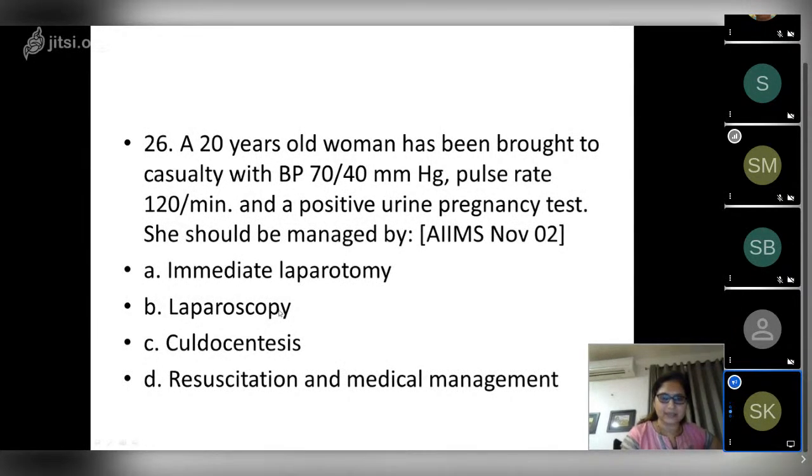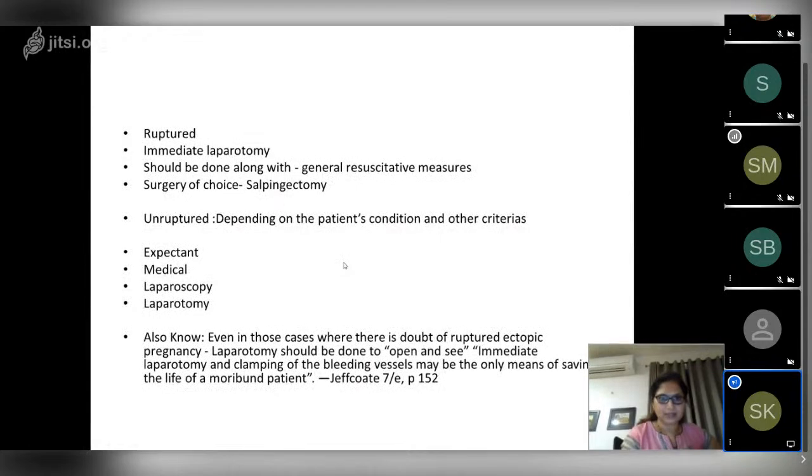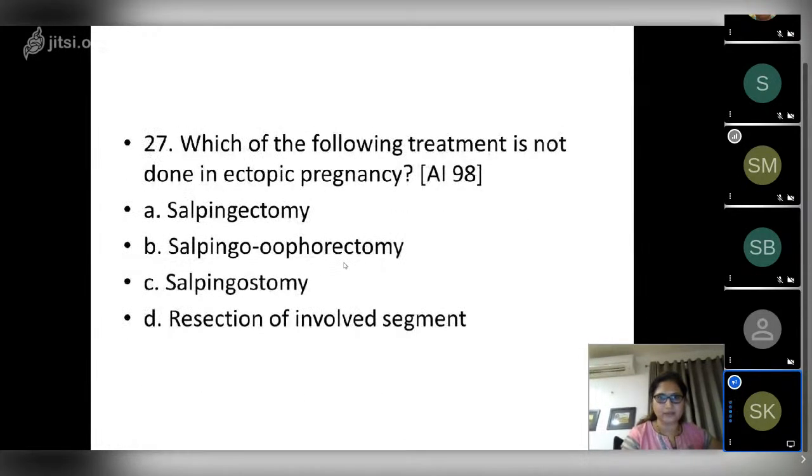Yes, because as we mentioned, laparoscopy cannot be done in hemodynamically unstable patients, right? So whenever there is a hemodynamically unstable patient with a ruptured ectopic, laparotomy is the surgical choice. So the answer for this question is immediate laparotomy, okay? This is what we discussed, and it's the answer we've chosen.